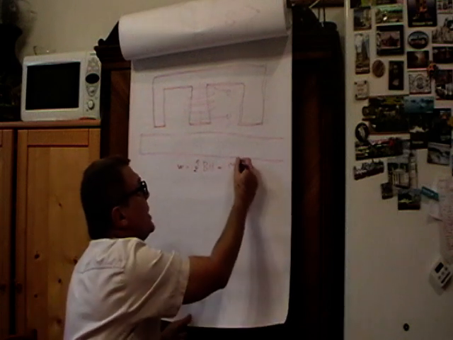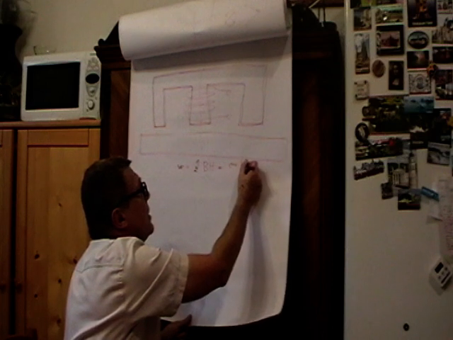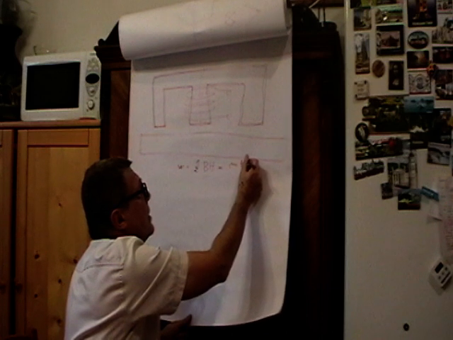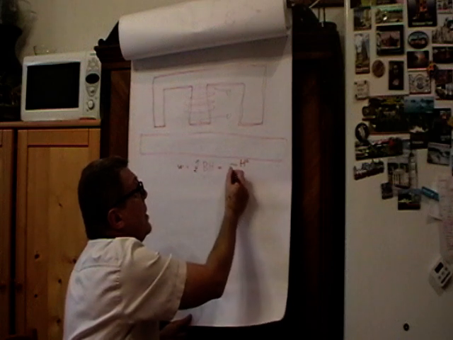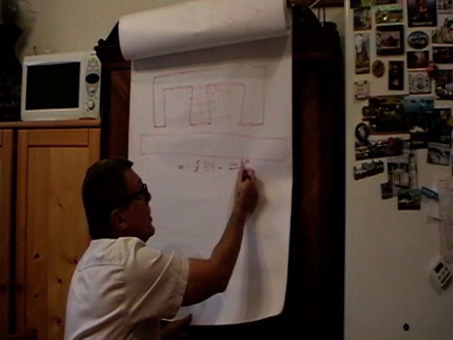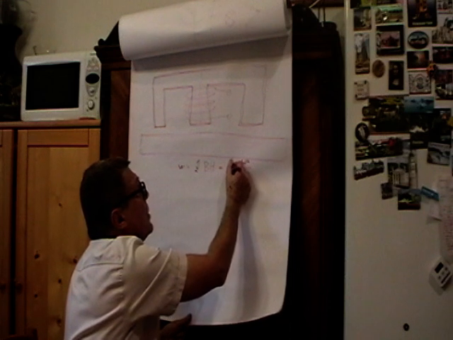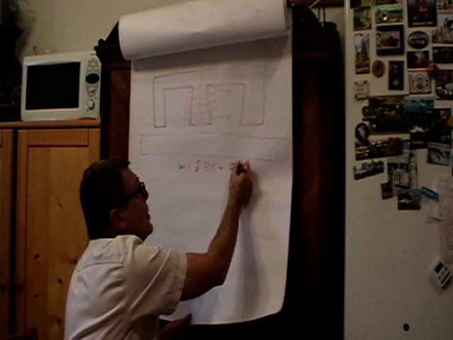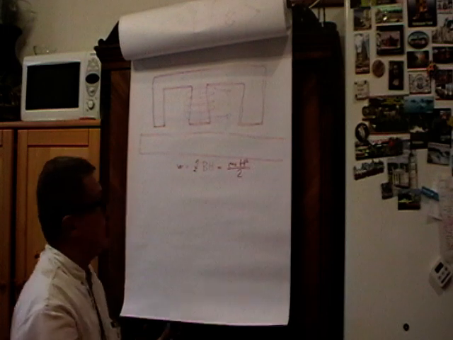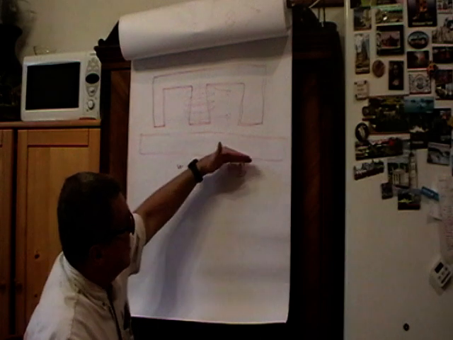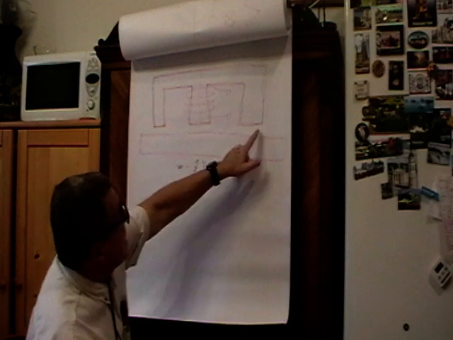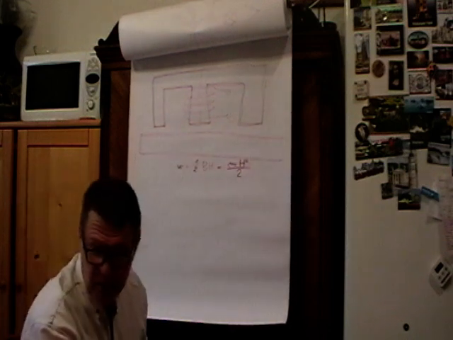We could put mu 0 h squared divided by 2. So now this is the energy density within the air gap of that brake.